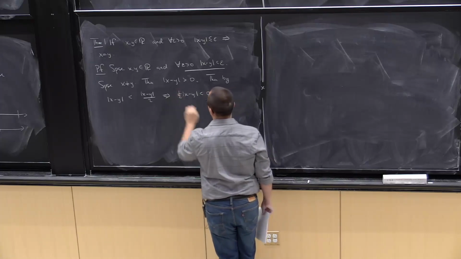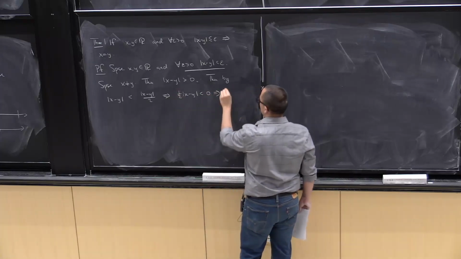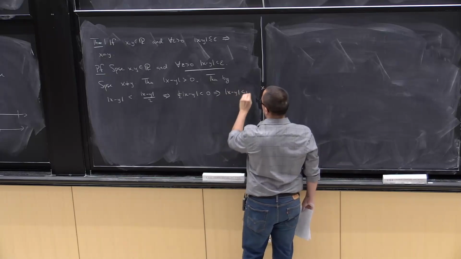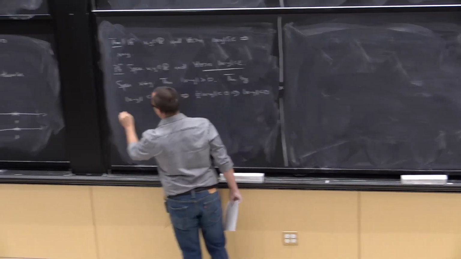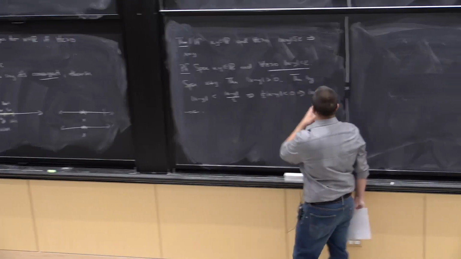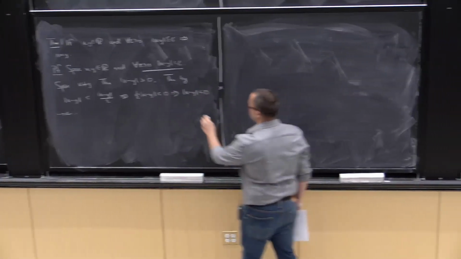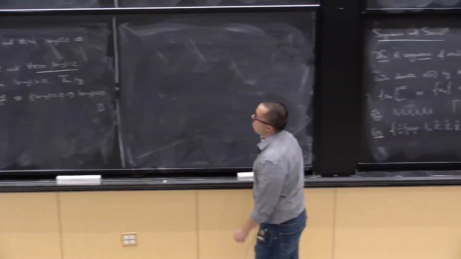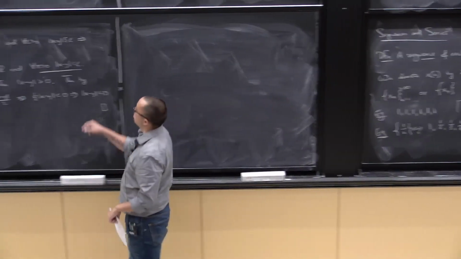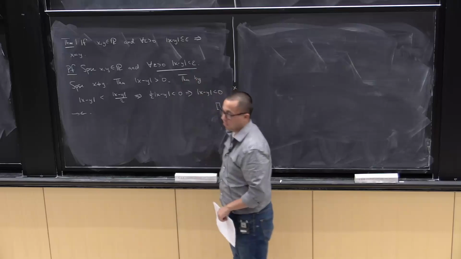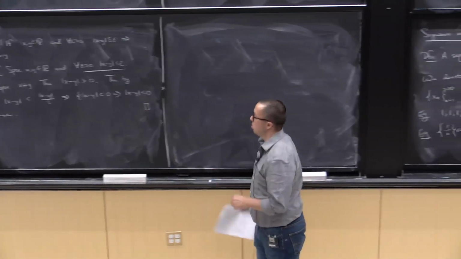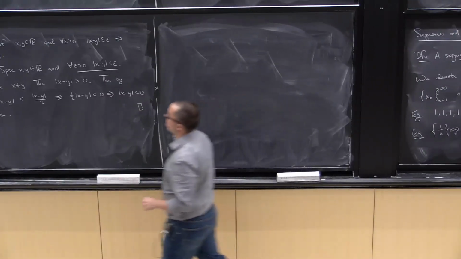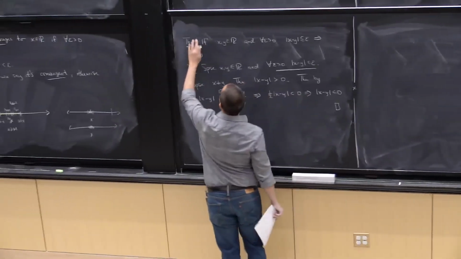So 1/2 is less than 0, and that's a very false statement. We've already proven that the absolute value is always non-negative. Okay? So if I have two real numbers that are arbitrarily close to each other, then they have to be the same.